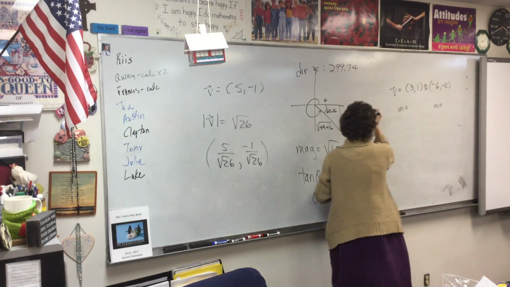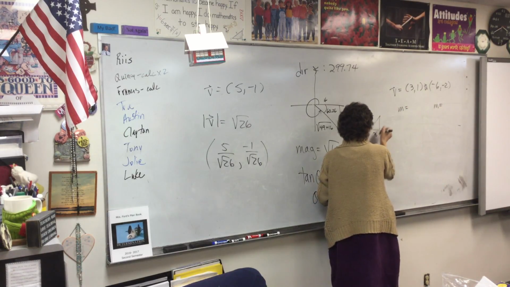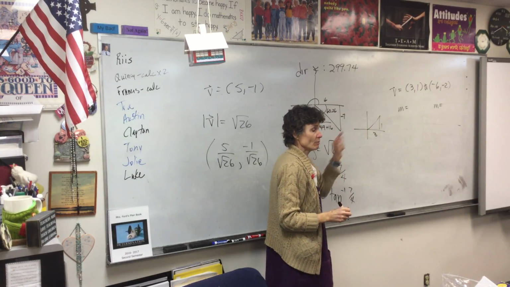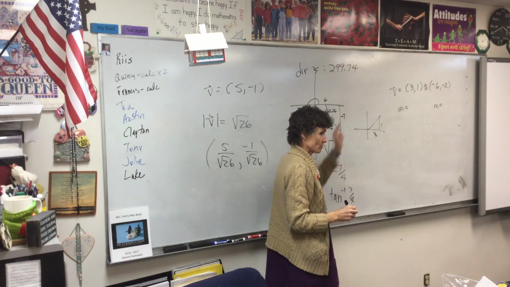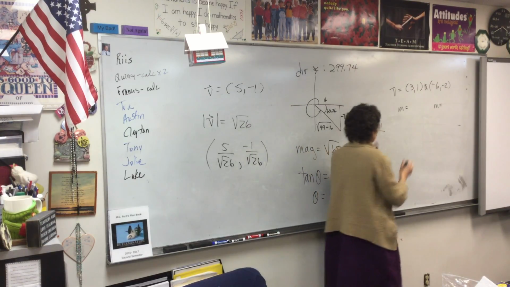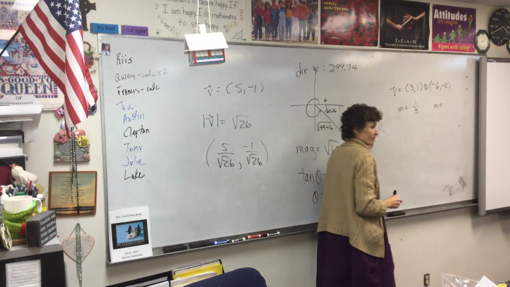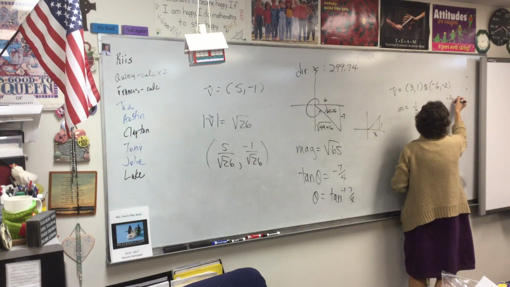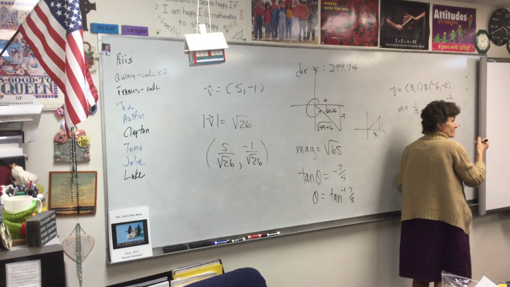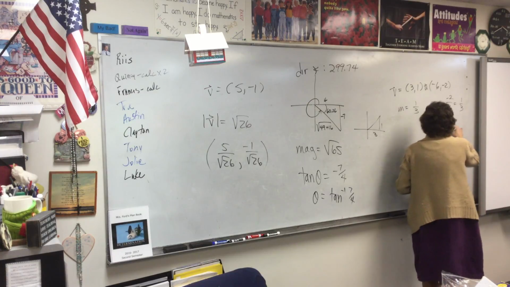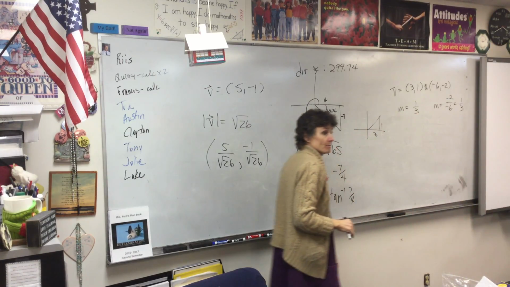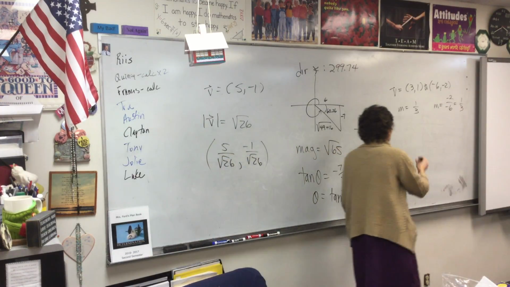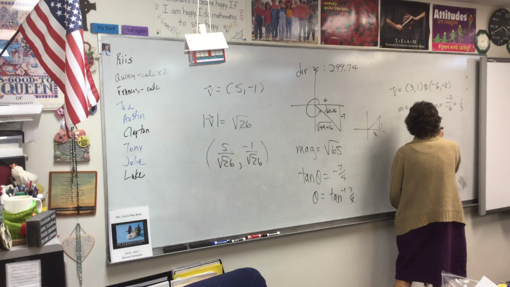So this vector goes over 3 up 1. So what's its slope? Rise over run. The slope here is 1/3. What's the slope here? Rise over run. -2 over -6, which is 1/3. The slopes are the same. What does that mean about your vectors? They are parallel. Parallel means same slope.